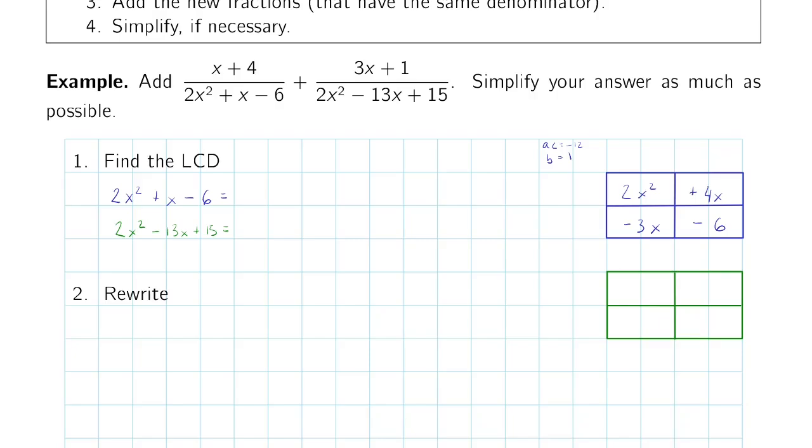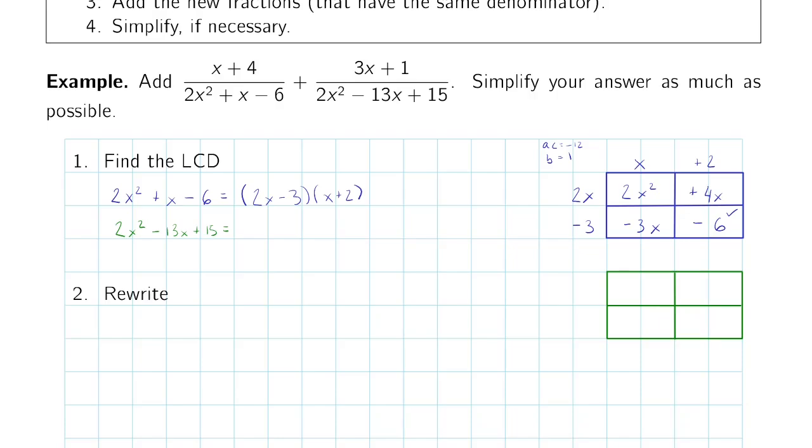In my first row, I'll have 2x as the greatest common factor. 2x times x is 2x squared. 2x times 2 is 4x. X times negative 3 is negative 3x. And negative 3 times negative 2 really is negative 6. So my first denominator factors as 2x minus 3 times x plus 2.